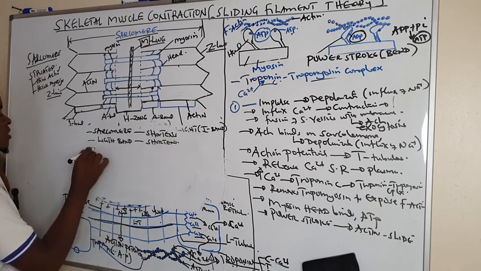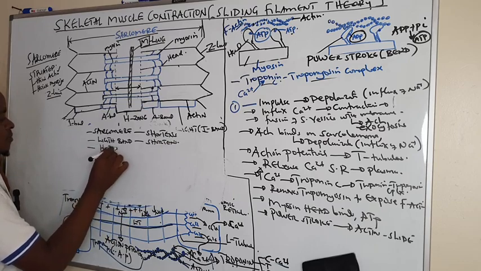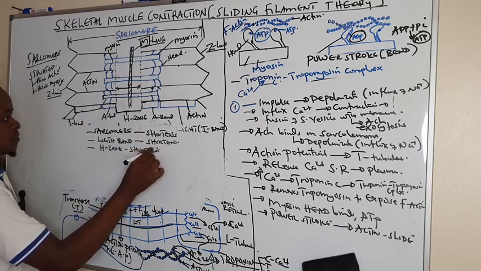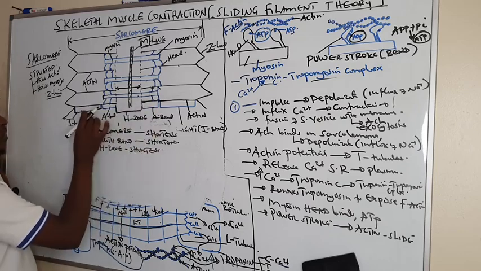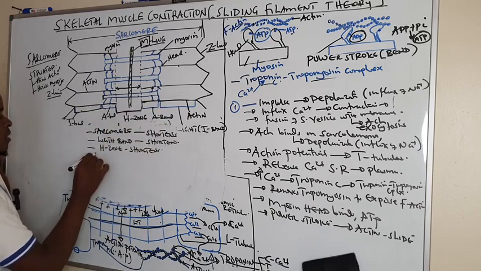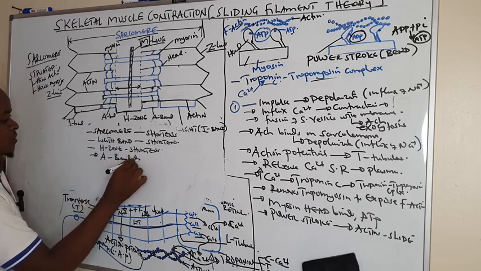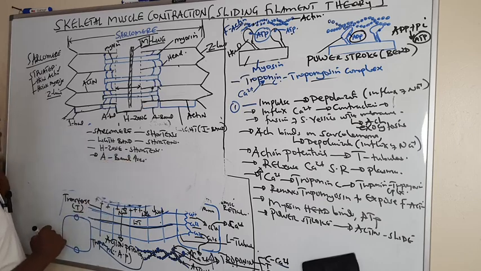Then the H zone also shortens. Then the A band increases. That is what will happen.